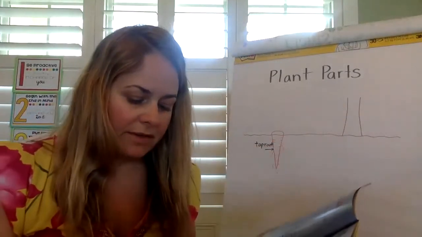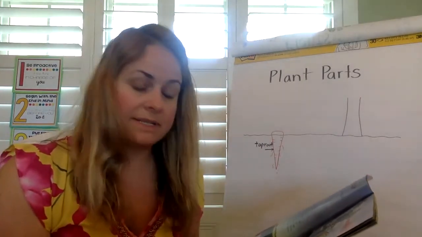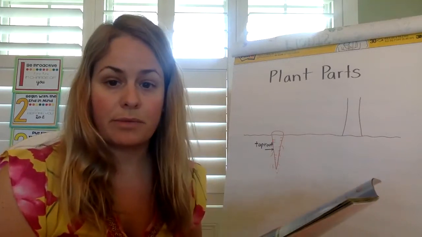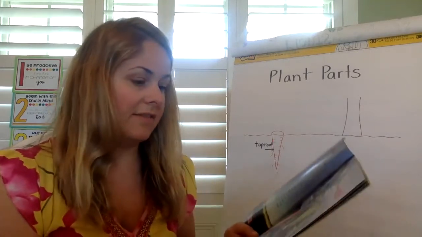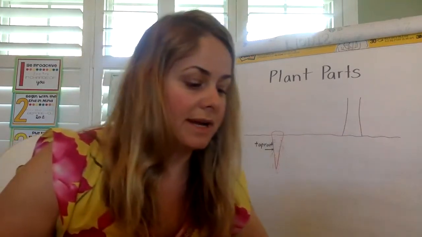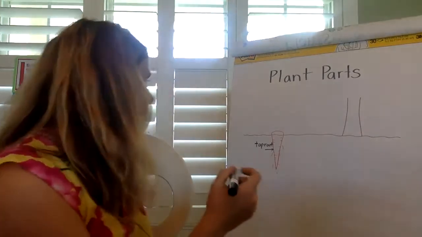In order to be healthy, plants need water and nutrients, such as nitrogen, potassium, and calcium. Those nutrients are important for the plant to live. They have also bolded the word nutrients in the text. So I'm going to write nutrients. And we get those nutrients from the soil.